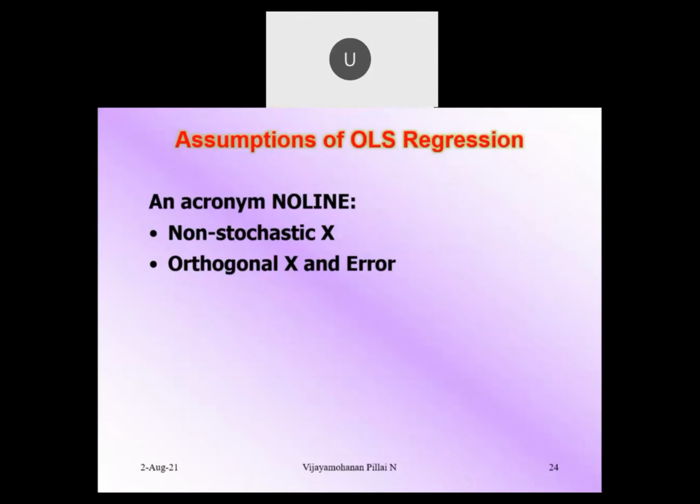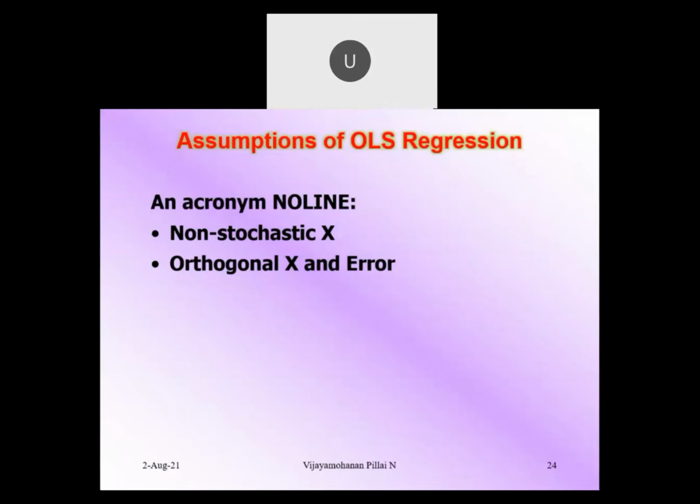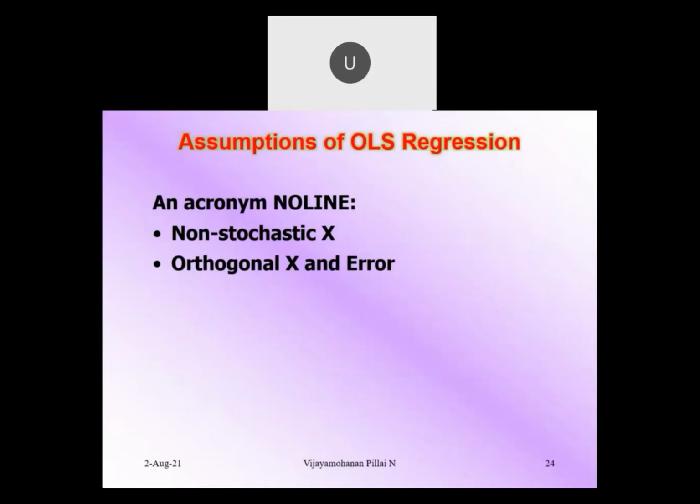That simply means that there is no heteroscedasticity. Hetero means different, scedasticity variance. The variances are not constant. So with every independent variable for the error term, there is a different variance. That is the assumption of heteroscedasticity.